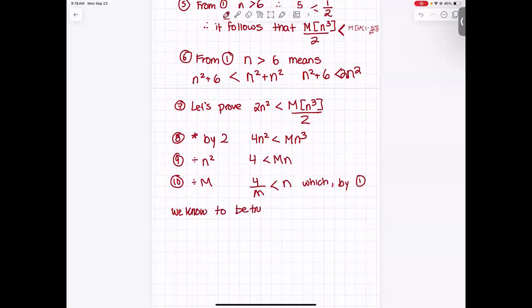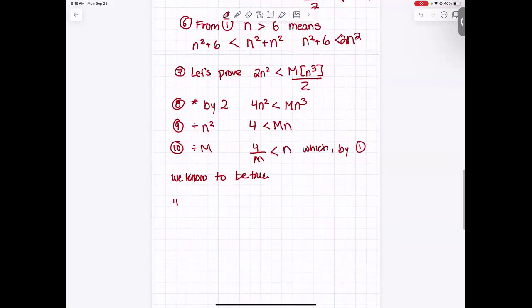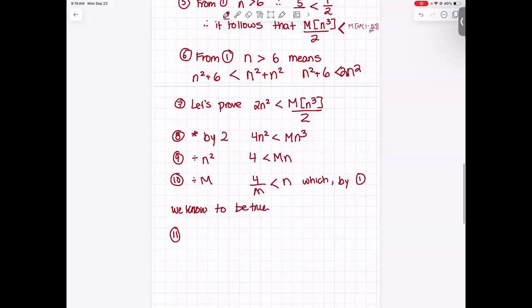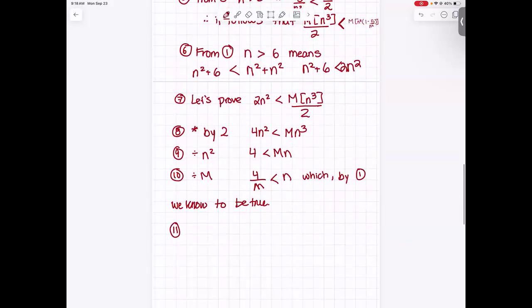Okay, so then in our final step here, let's bring it all together. Now, in theory, you could just number these in your formal proof, but I'm going to be a little bit more explicit just so that we can really understand how all of these pieces connect. So from step 1, from max of 6 and 4 over m, we'll say n is greater than that.